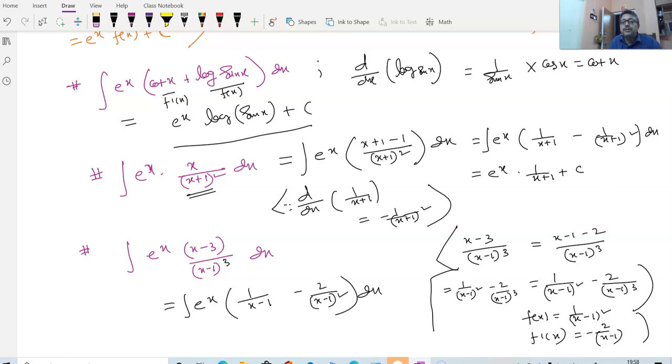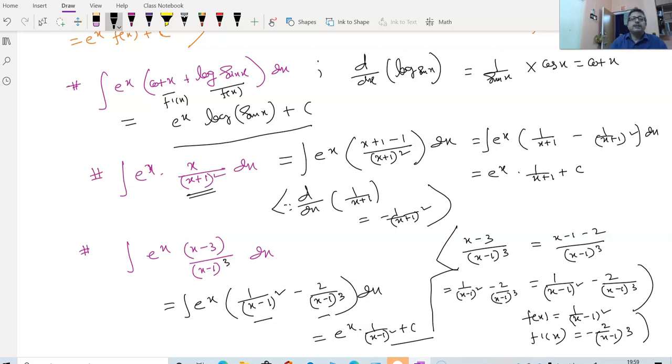So it is minus 2 by (x minus 1) whole cube. So this thing is (x minus 1) whole square and this thing is cube. Then as the derivative of this is this thing, the answer is e to the power x into 1 by (x minus 1) whole square plus c.